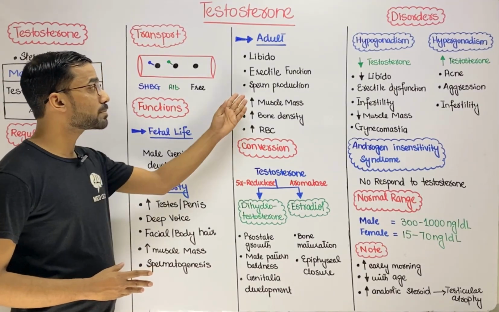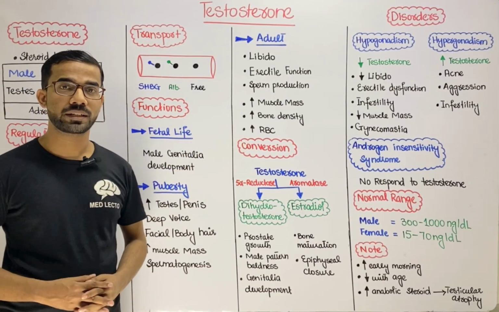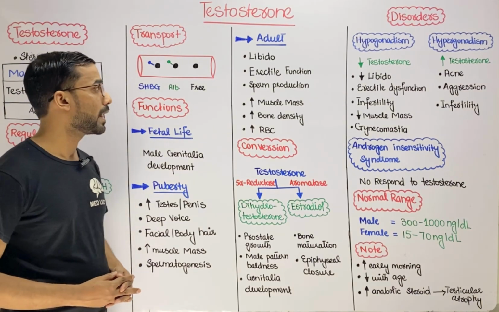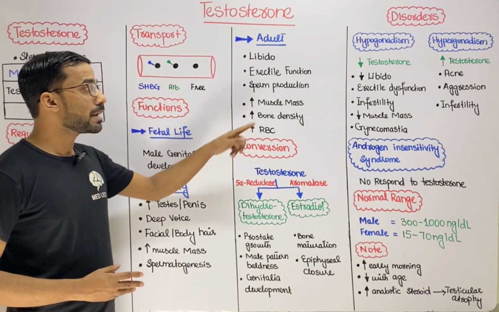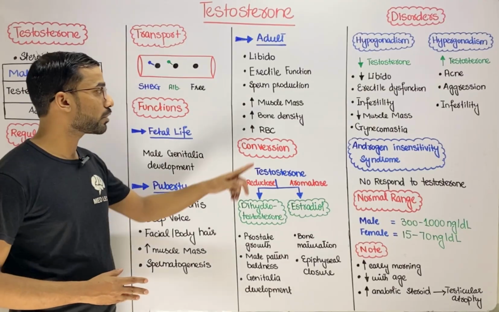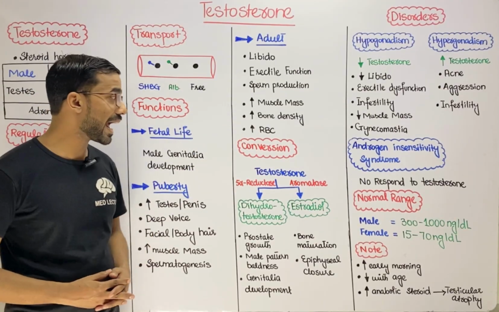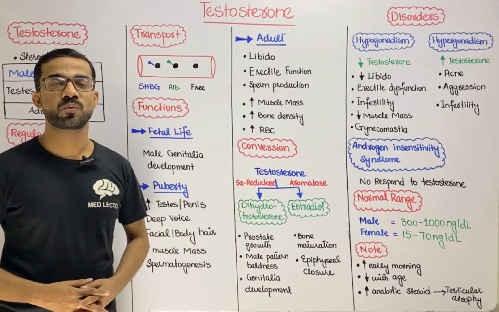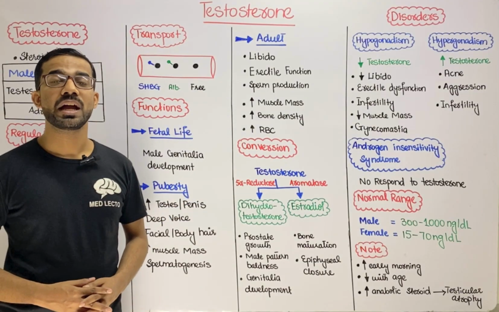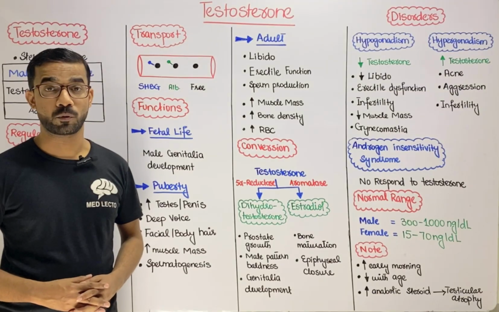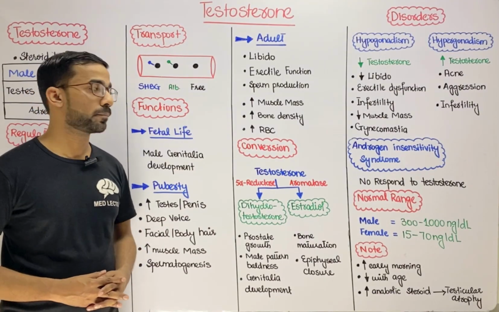You can also see sperm production will also be regulated by the testosterone, as we have already discussed in the spermatogenesis. And you can also see the muscle mass increment. You can also see the bone density will be maintained by the testosterone. And RBC production will be regulated by the testosterone. So all these functions will be done by your hormone, that is testosterone.